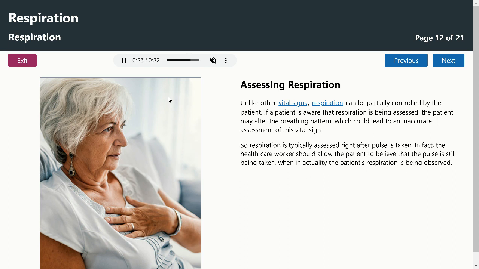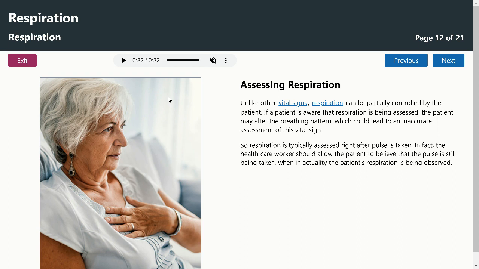So once you take a pulse, you go right into respiration. You won't tell the patient. You'll just start looking at their chest, taking their respiration, because you don't want them to alter what they've got going on.